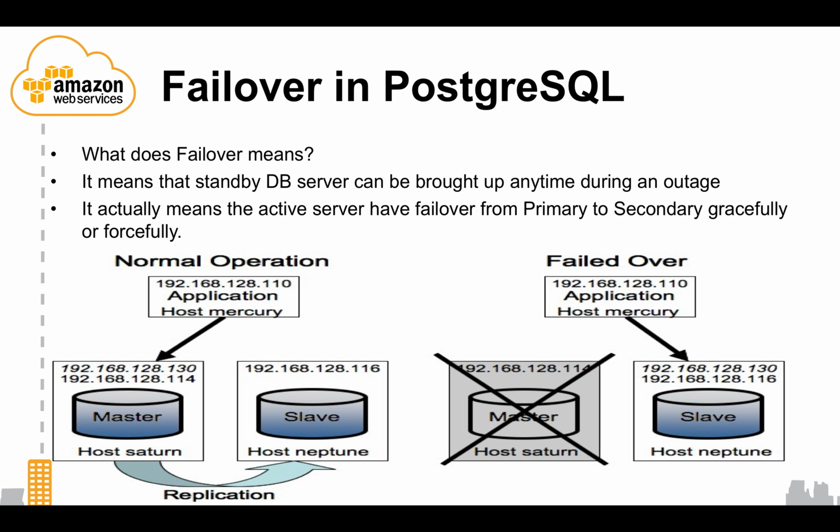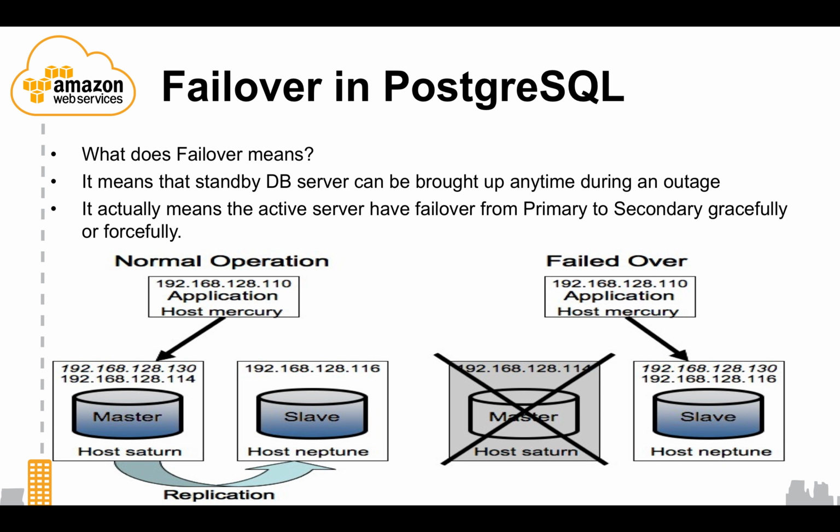The slave is the server which is a backup of the master in real time. Whatever transaction happens in the master automatically goes to the slave. So it's a real-time backup strategy which every production environment always has.